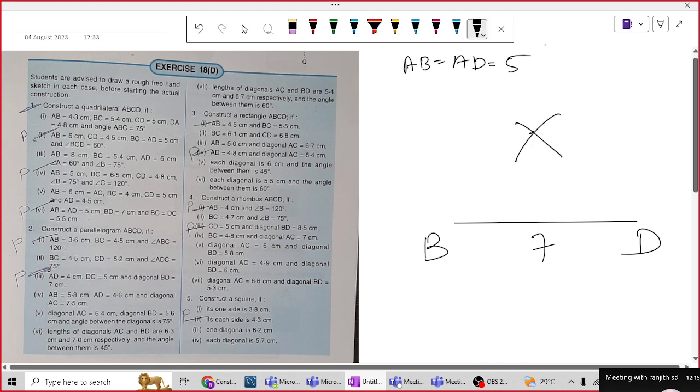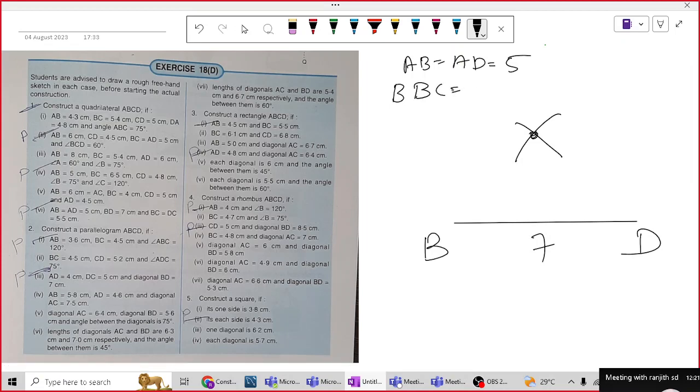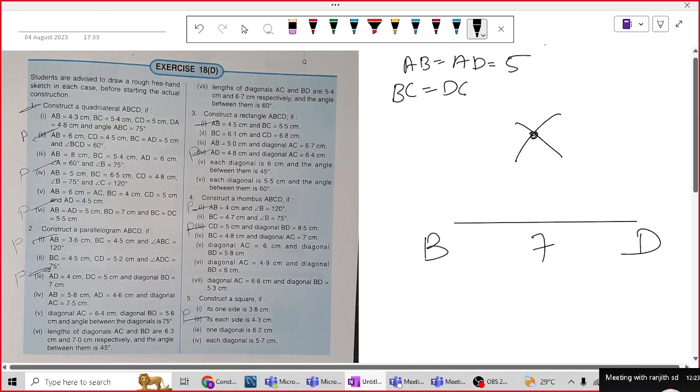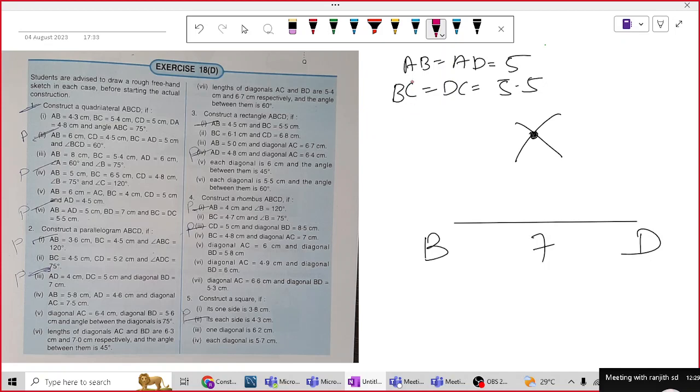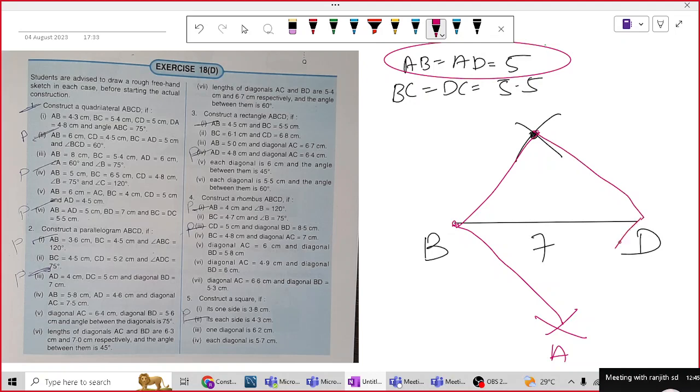Did you get the arc somewhere like this, at the top? Now what is left? AB and AD. From B, cut the arc down like this. You get A here. Take 5 centimeters, cut, and join the 4 points like this. So this becomes C and this becomes A. This is the diagram you get.